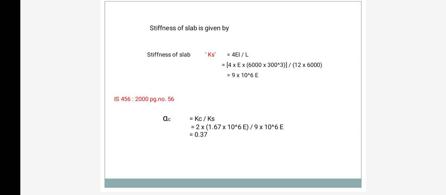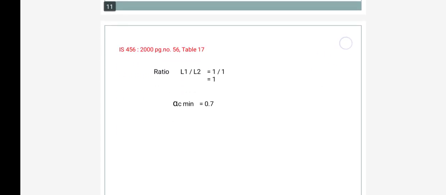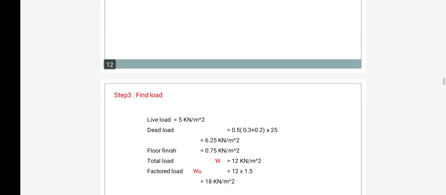So substituting the values, alpha C is equal to 0.37. Then the ratio of L1 divided by L2, refer IS 456-2000 page number 56, table 17. L1 is 1 and L2 is 1, therefore the ratio value is 1. Therefore alpha C minimum is equal to 0.7.